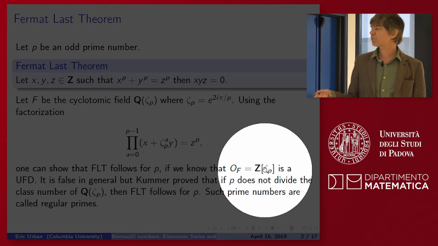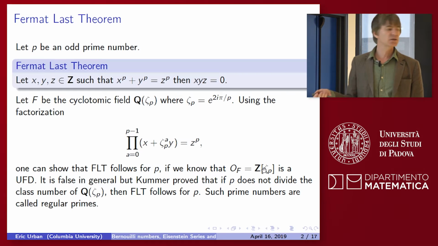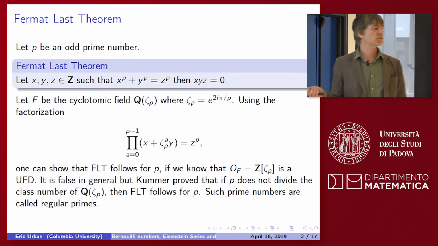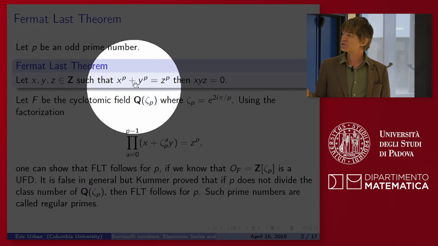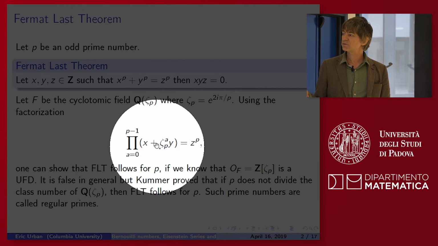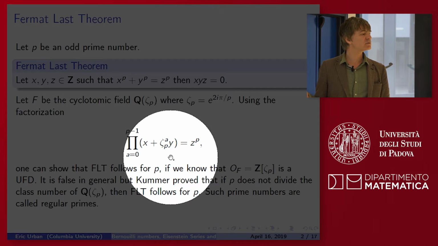That means it just takes the polynomials with coefficients in Z in this root of unity. Then if you have a solution of this equation, then you have a factorization like this.